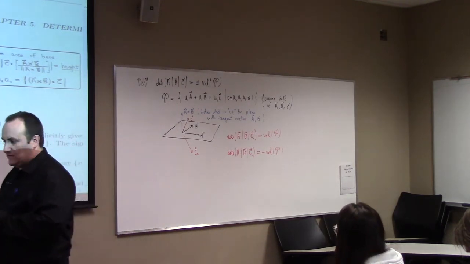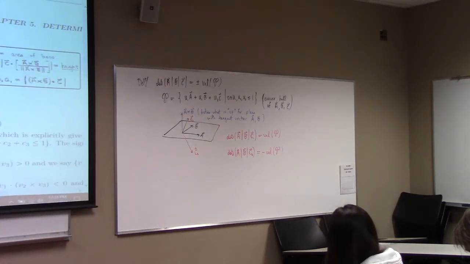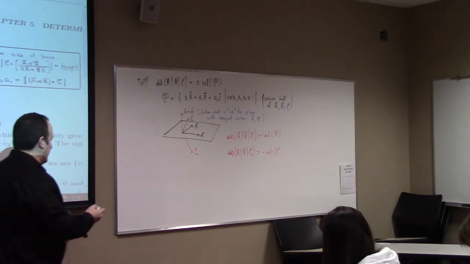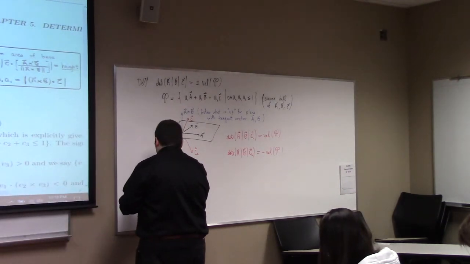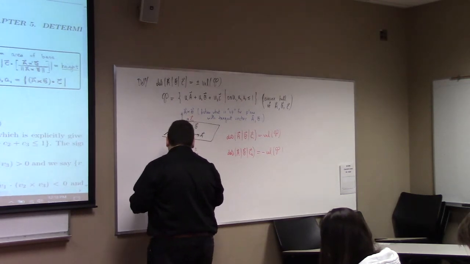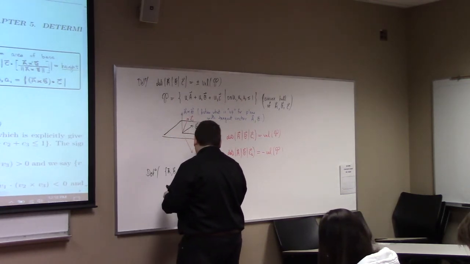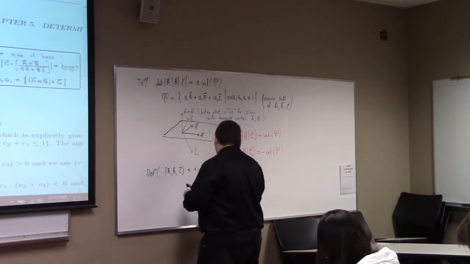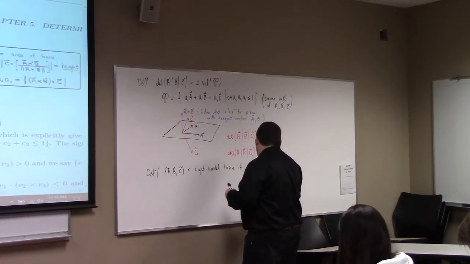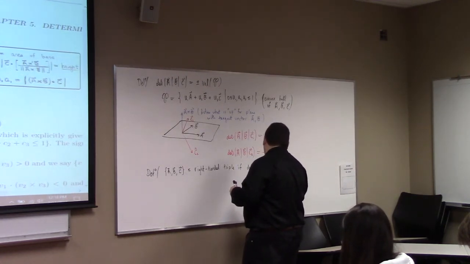Another way of saying this is you can define a set of 3 vectors to be a right-handed triple if the determinant of A, B, C is positive. Definition: A, B, C is a right-handed triple if the determinant of A, B, C is greater than 0.